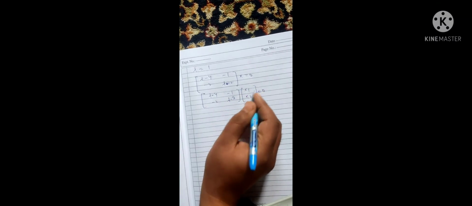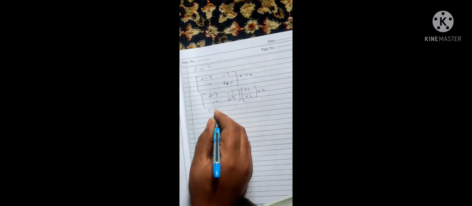So we'll substitute the value of lambda, that is 1, in this. So 1 minus 4, minus 3, minus 1, 1 minus 2, into x1 x2 is equal to 0. So it comes out to be minus 3, minus 3, minus 1, minus 1, times x1, x2.